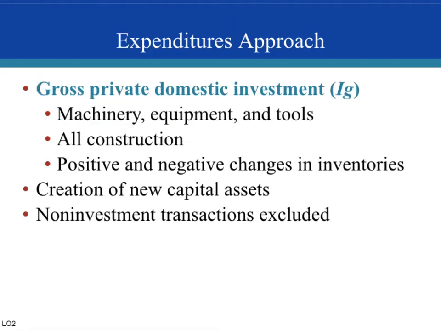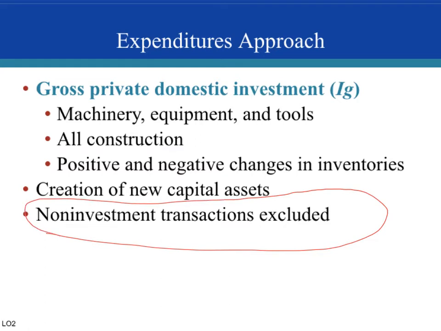Okay, gross private domestic investment. This will be denoted with a capital I and a small g. Again, just a reminder that non-investment transactions are excluded. So buying stocks, buying bonds, that's not included in this category.